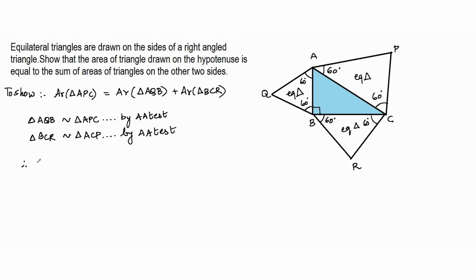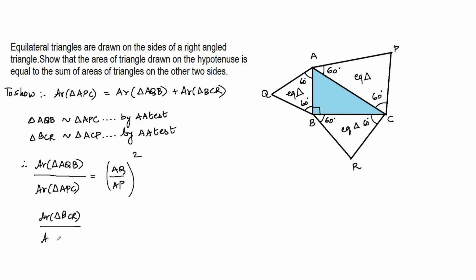Therefore, if I now think about the relation of their areas, I can say that area of triangle AQB divided by area of triangle APC is going to be equal to the square of their corresponding sides. So I can write this as AQ upon AP the whole square, right? And also area of triangle BCR divided by area of triangle APC, the ratio of the areas of these two triangles is also going to be the square of the corresponding side.